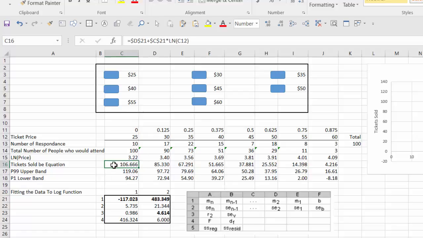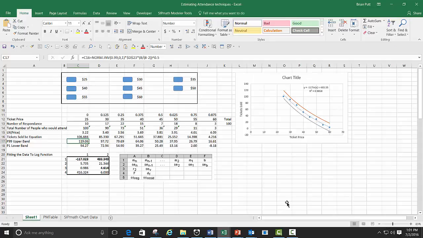In this case, it would be 106 tickets sold at $25, 85 tickets sold at $30, and at $60, it would be 4.2 tickets. So it doesn't match exactly our sample data. But remember, this is a good approximation. We are now going to calculate the confidence interval.